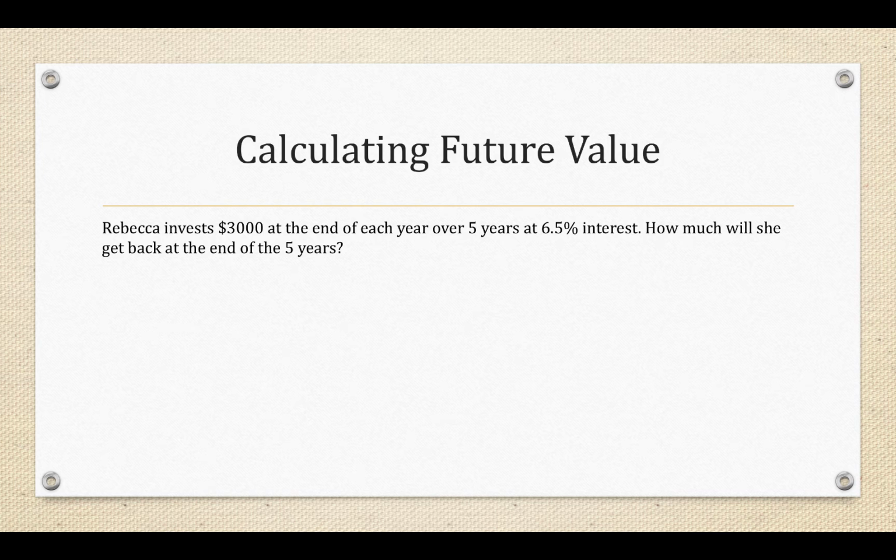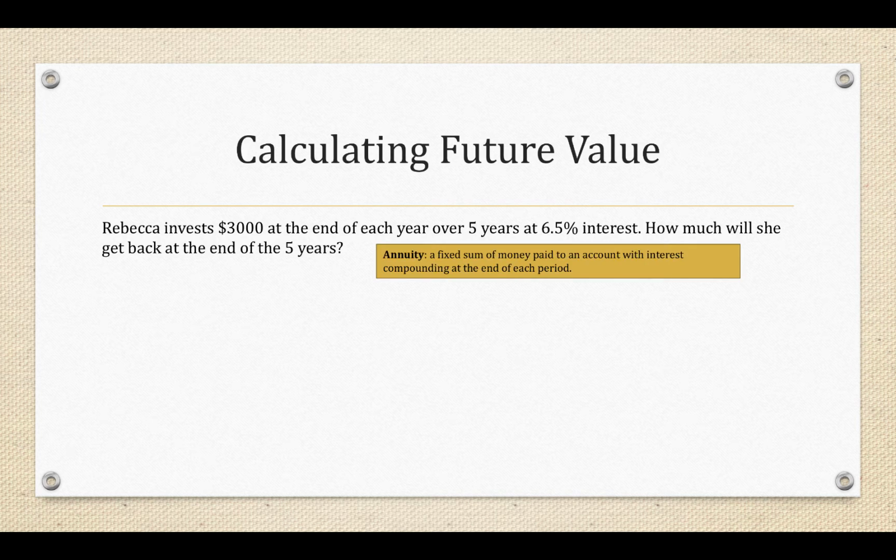So our question here is, Rebecca invests $3,000 at the end of each year over 5 years at 6.5% interest. How much will she get back at the end of the 5 years? So the annuity is a fixed sum of money paid to an account with interest compounding at the end of each period.